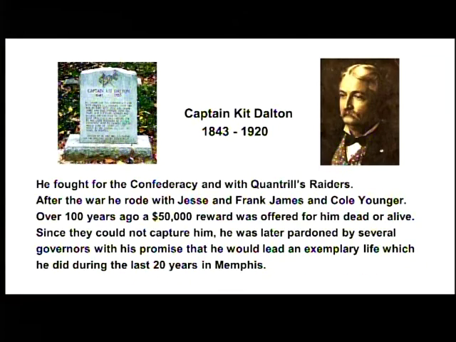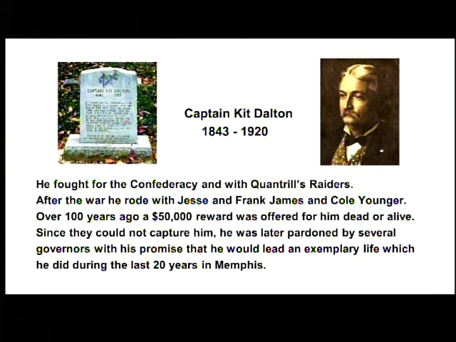And I'll read you what it says. This is verbatim right off of the gravestone. He fought for the Confederacy and with Quantrell's Raiders. After the war, he rode with Jesse and Frank James and Cole Younger. Over 100 years ago, a $50,000 reward was offered for him, dead or alive.